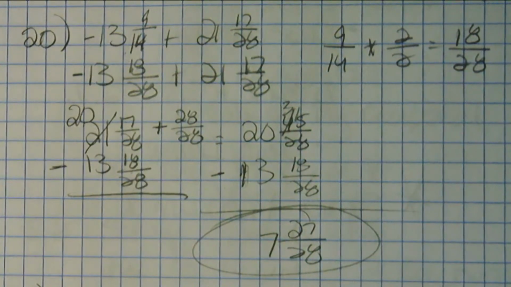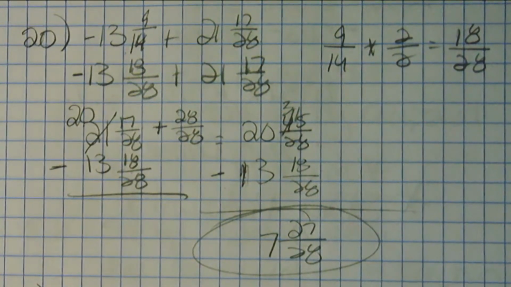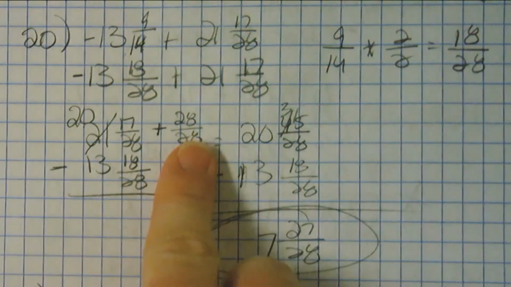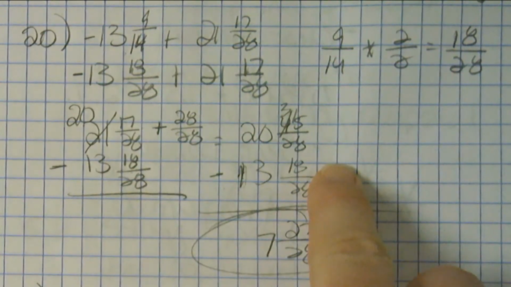where you have to change it to common denominator. It's mixed number. You have to borrow. Addie? Everything I'm showing here, I want to see. So I want to see that you're adding 28 28ths to that 17 28ths, and you're rewriting what you have.